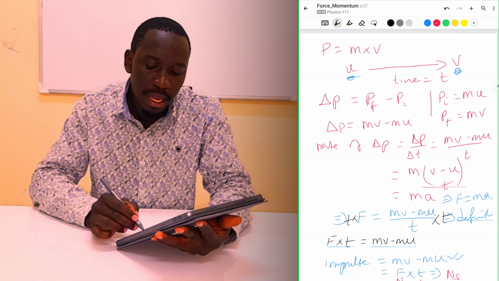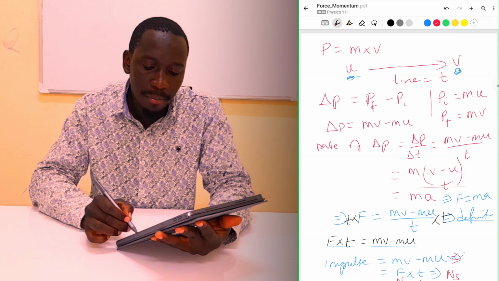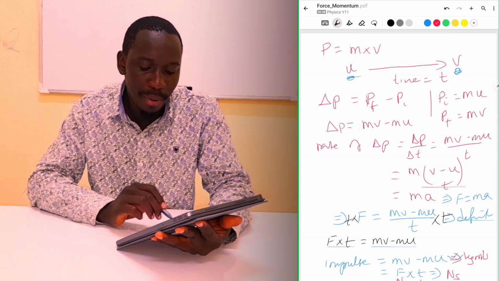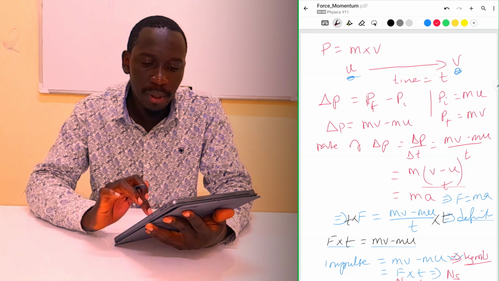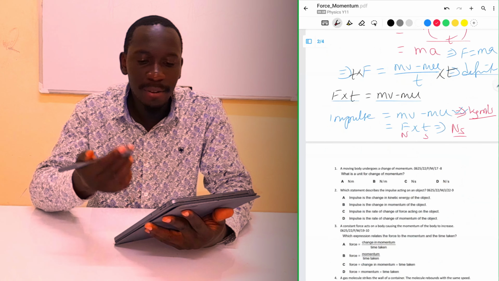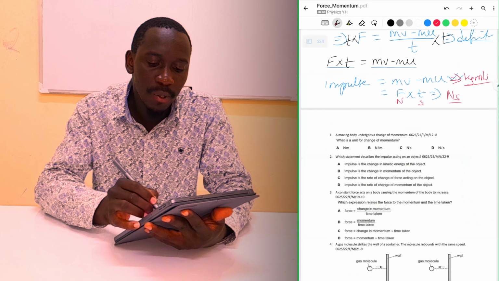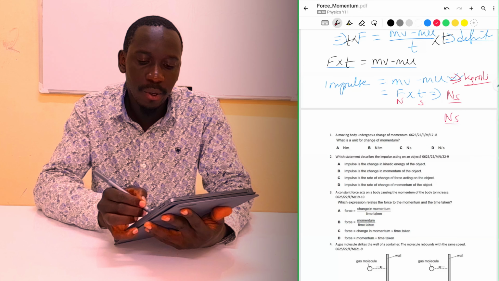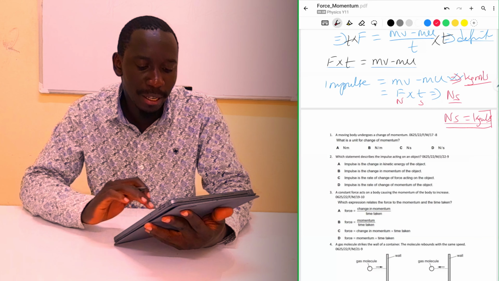But the unit of change in momentum is kilogram meters per second. So for impulse we can use the two units, and even for change in momentum we can use Ns. So Ns is equal to kilogram meters per second, as long as we're talking about the change in momentum.